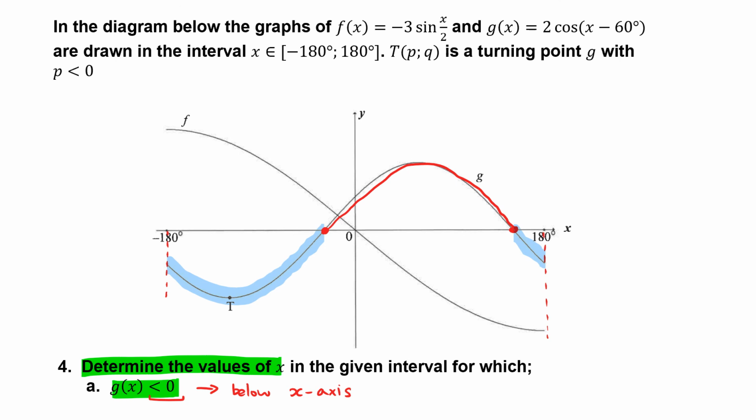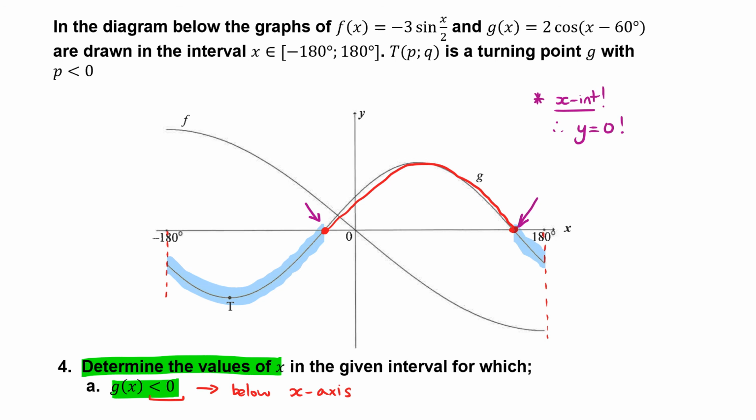So before we can actually answer this question, we need that point there and that point there. And do you see how both of those points are actually our x-intercepts? And where we have x-intercepts, we know that y is 0 over there.